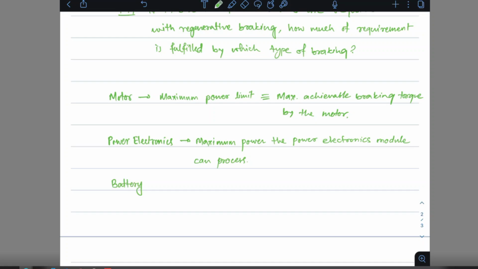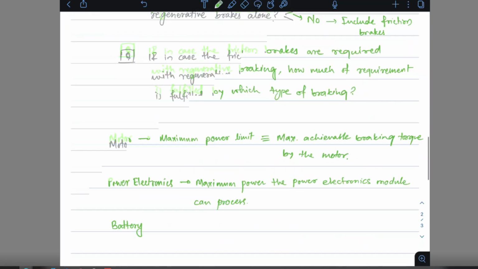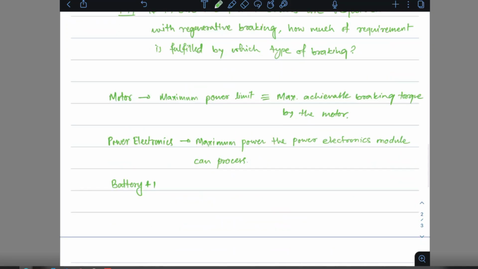Then we have the battery along with our BMS. We can consider this as a single unit if you want to lump it up. Alright, so the battery will have its state of charge.